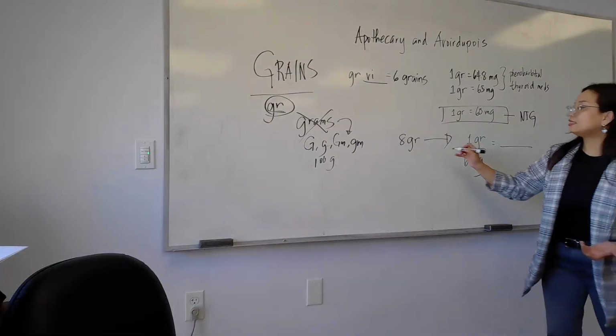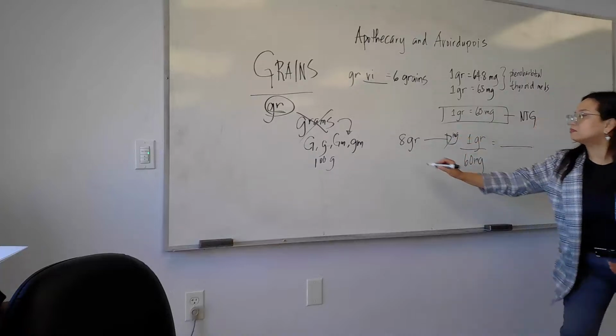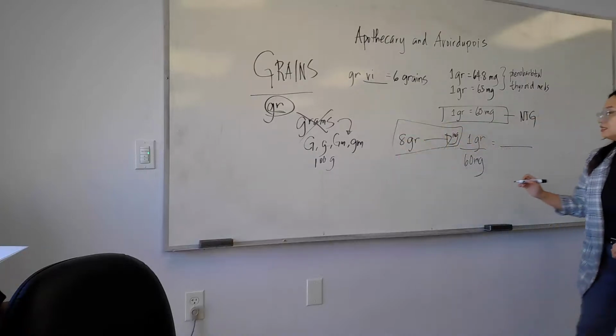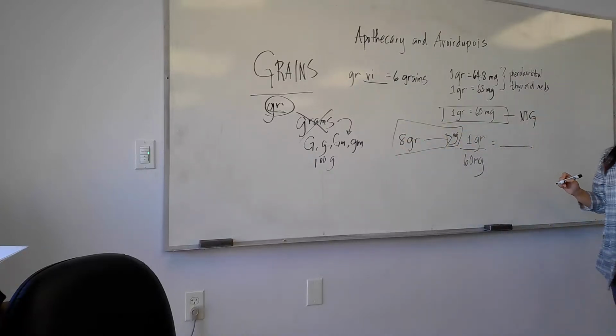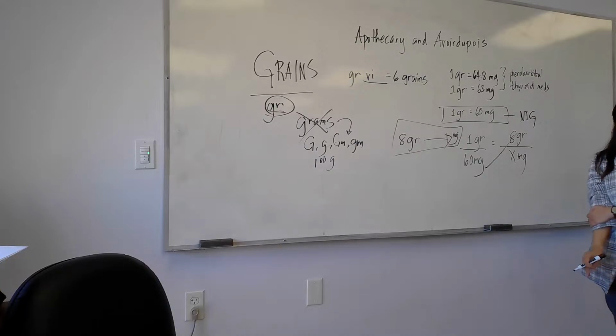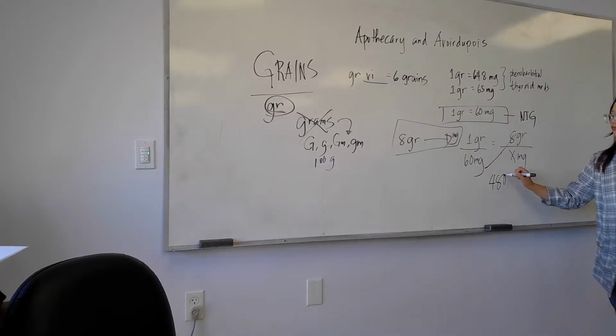To convert 8 grains to milligrams, I put 8 on top and x mg at the bottom. Setting it up as ratio and proportion shows me I have to multiply. The answer here is 480 milligrams.